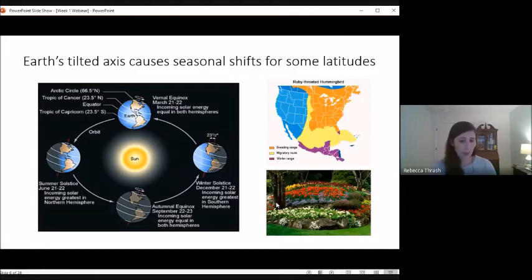Why this is important for environmental science and ecology in general is that these seasonal shifts by latitude determine a lot of the larger ecological patterns that we see. So if you have any hummingbird feeders at home, or your parents are maybe into that, you should be noticing that a lot of hummingbirds are coming to the feeders right now.